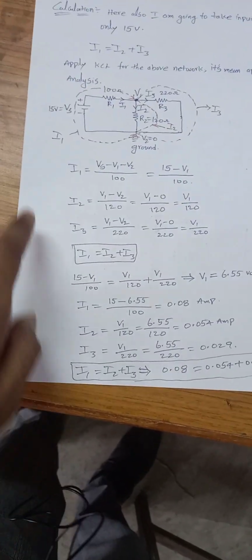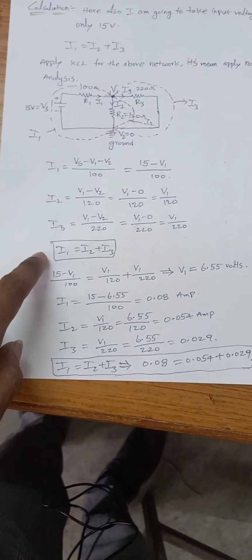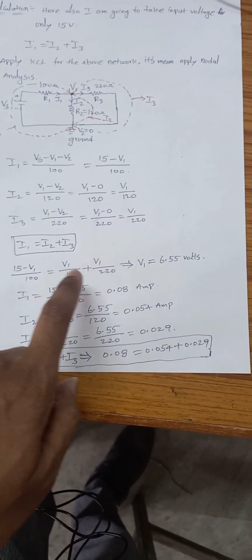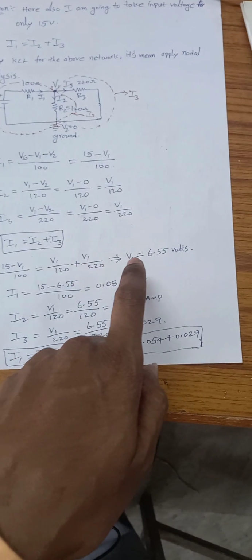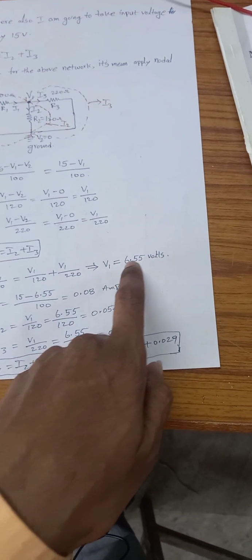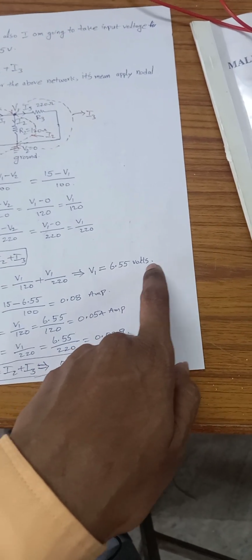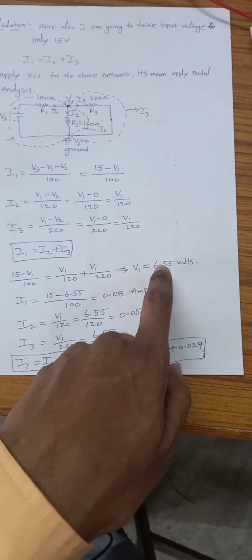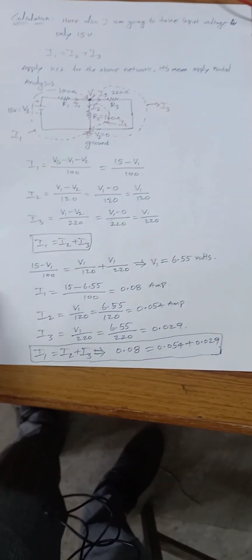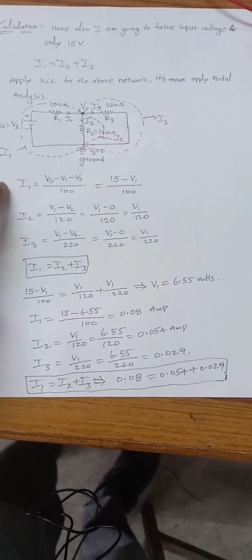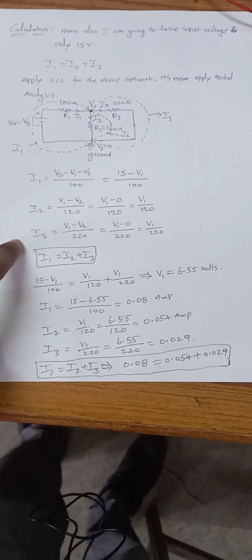So according to that, we already know the I1, I2, I3 expressions, and I have replaced them here. Then we are calculating, and we get V1 equal to 6.55 volts. It means V1 voltage is 6.55 volts. So that 6.55 volts we can replace in the I1, I2 and I3 values.